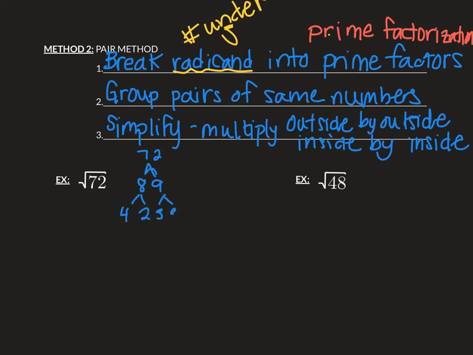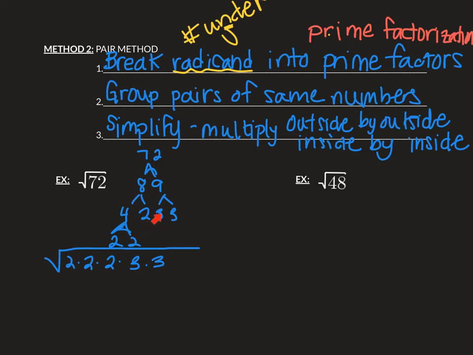And then do you agree 4 is 2 times 2? So the prime factorization, or the prime factors that I have, are 2, 2, 2, 3, 3. So those come from the 2 here, 2 here, 2 here, 3 here, 3 here.